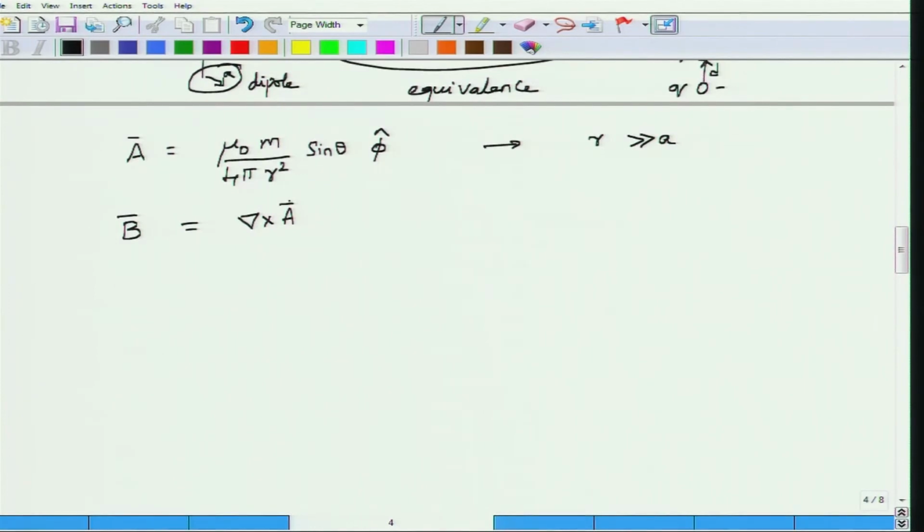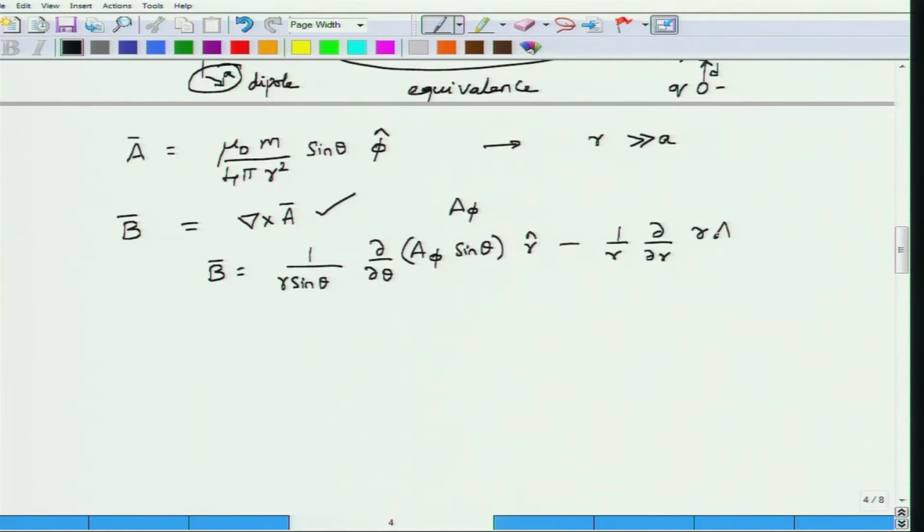This is the equation that we used to define A in terms of B. If you expand this curl of A in spherical coordinates, since A has only an A phi component, I have to retain only the terms that correspond to differentials of A phi, and that will be 1 by r sin theta del by del theta of A phi sin theta, r hat, minus 1 by r del by del r of r A phi, theta hat.